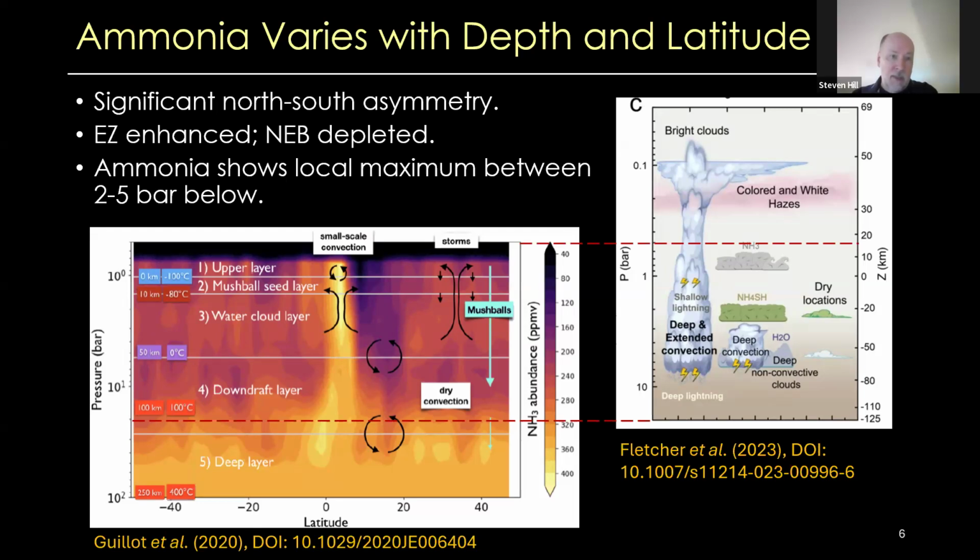We see the equatorial zone strongly enhanced, very deeply strongly enhanced. We see the north equatorial belt depleted in ammonia. And we also see some subtler features vertically where there are local minima and maxima that imply a deeper convection.